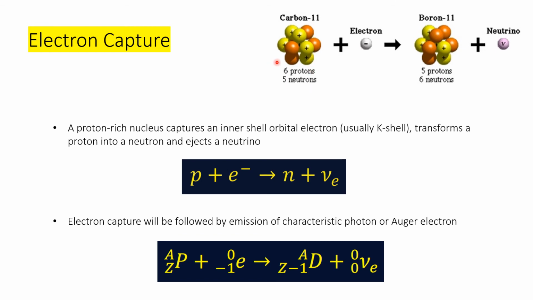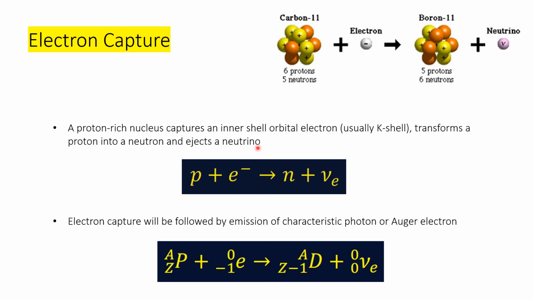For example, you have the electron capture in your carbon 11. So your carbon 11 has 6 protons and 5 neutrons. It captures an electron and then it becomes boron 11, which has 5 protons and 6 neutrons. And it also produces your neutrino. A proton-rich nucleus captures an inner shell orbital electron, usually in the K shell, transforms a proton into a neutron and ejects a neutrino.